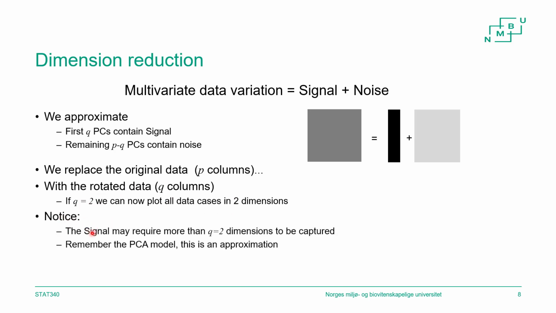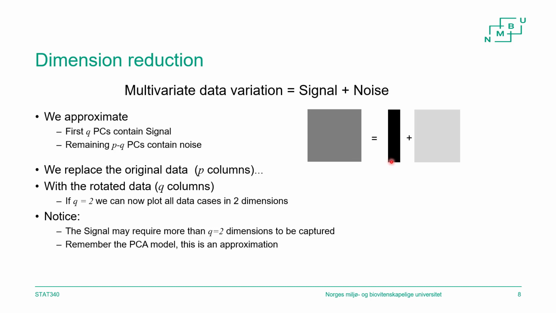But you should notice the signal may require more than 2 dimensions, right? It's a little bit naive perhaps to think that only 2 dimensions, especially if you start out with a lot of columns here, then it's naive to think that it can be compressed into only 2 columns.